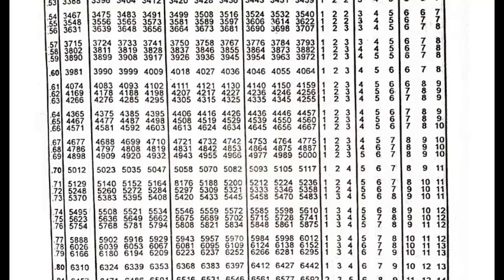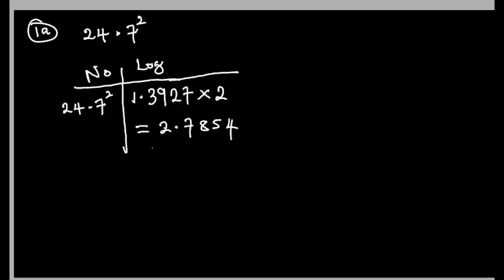So when you add these values, you have 6101. Yes, 6101. 0.78 under 5, difference 4. The antilog is 6101.